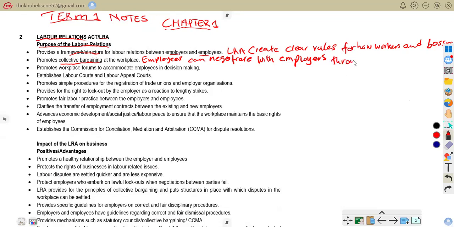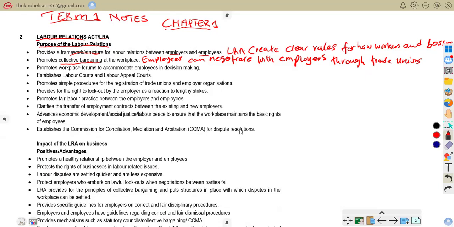So for example, employees can negotiate with employers through trade unions, like we've said. That is when you're talking about collective bargaining.